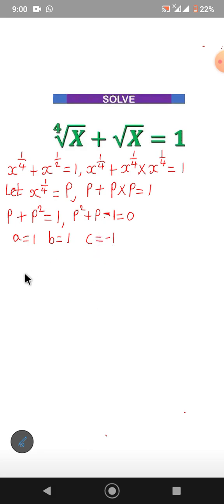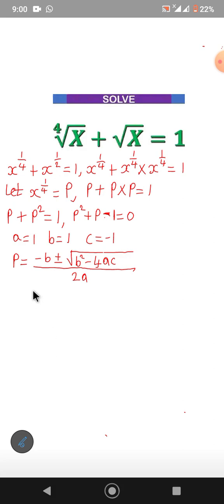Then I will write my quadratic formula: p equals minus b plus or minus the square root of b squared minus 4ac, all over 2a.